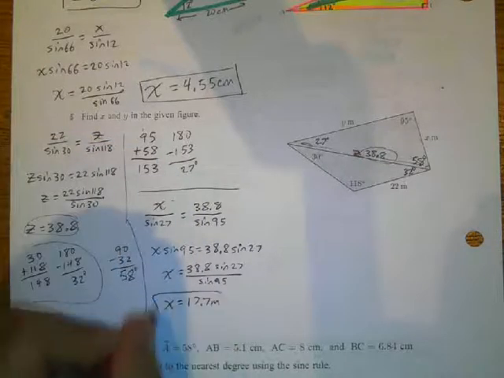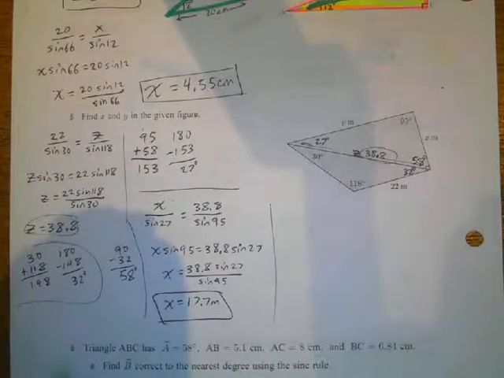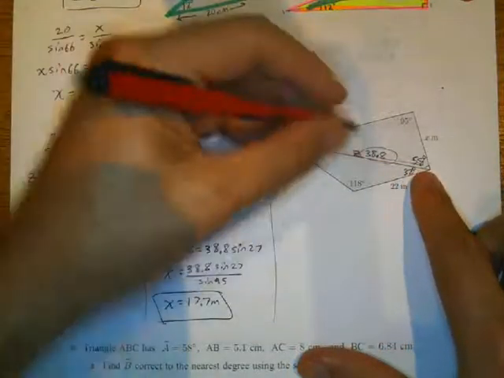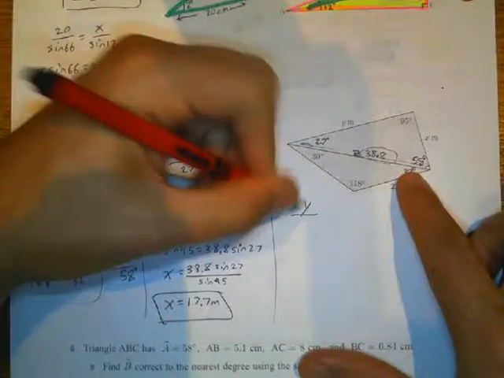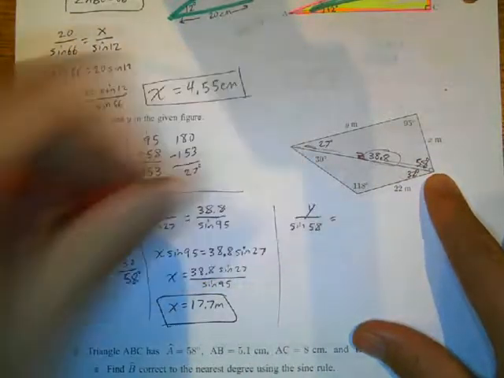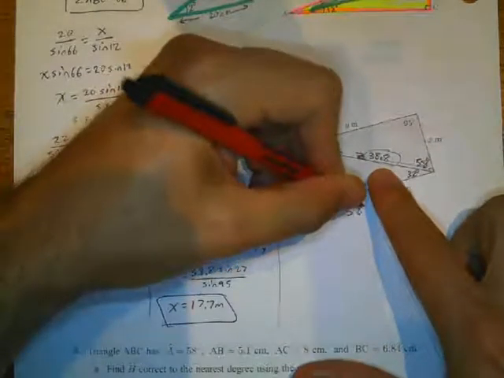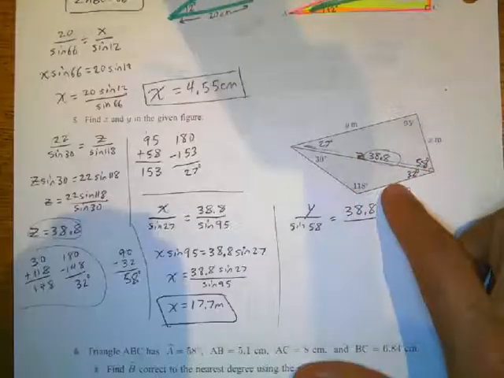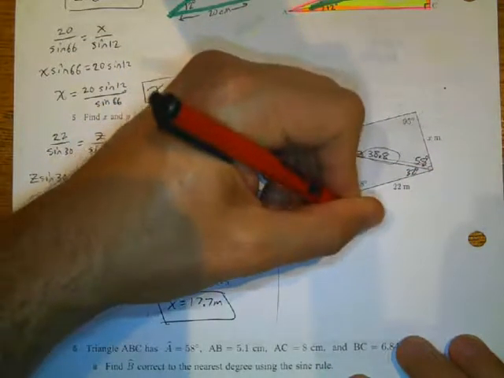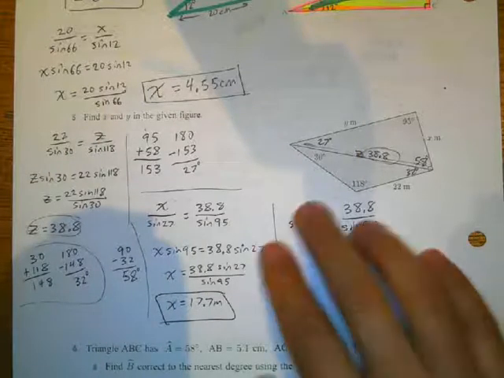Okay, now let's find y. Set up the same ratios. Y over sine 58 equals 38.8 over sine 95. Now I can cross multiply.